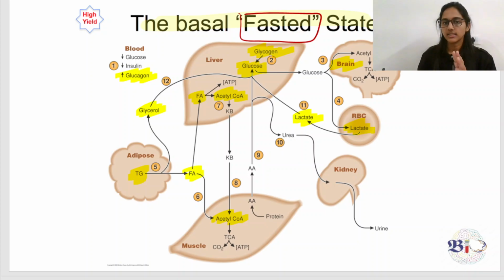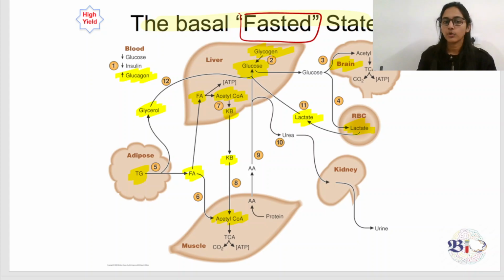Now, excess of acetyl-CoA, if it cannot enter into the TCA cycle, will enter into the formation of ketone bodies. Yes, in the liver. So liver produces ketone bodies. These ketone bodies can be used up by the skeletal muscle. All right. Now the glycerol which is being formed is also a gluconeogenic precursor. So it will help in the synthesis of glucose again.